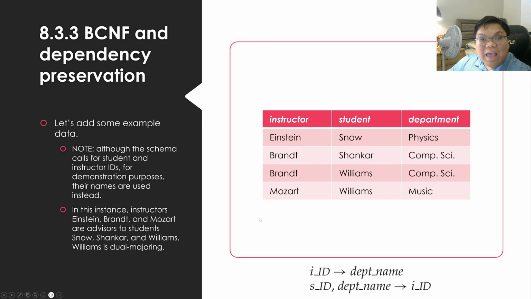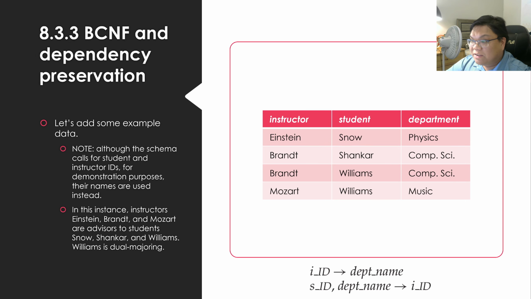Let's add some example data, but I am going to abuse the notation here. I'm going to abuse the schema and just write down instructors' and students' names. If I want this to be proper, I should use their instructor and student IDs instead, but just for the sake of demonstration, I am going to use their names instead.